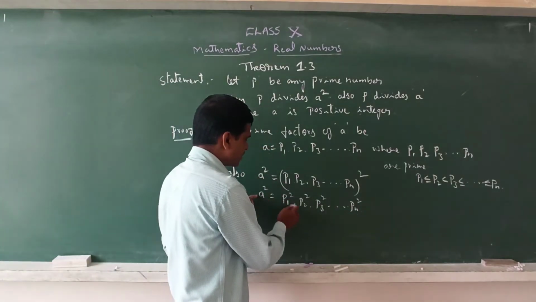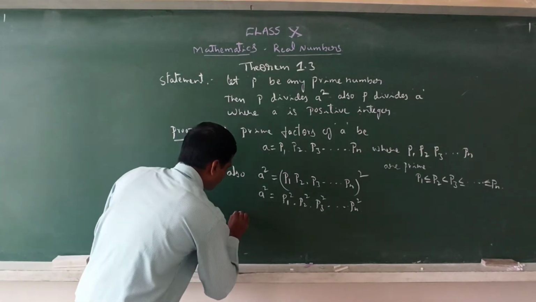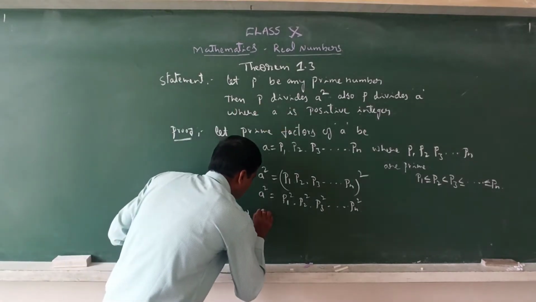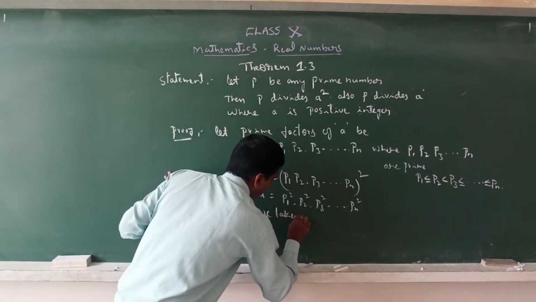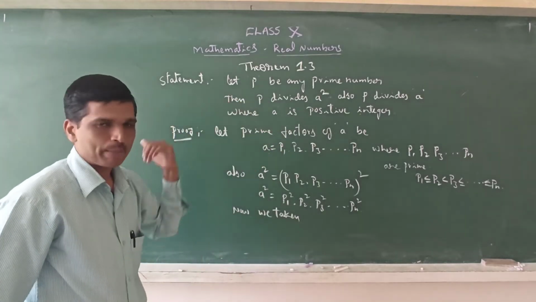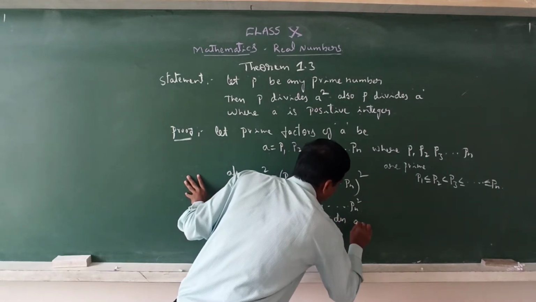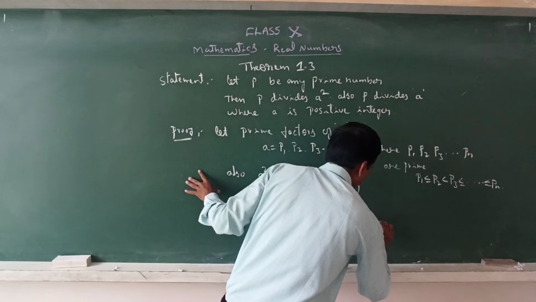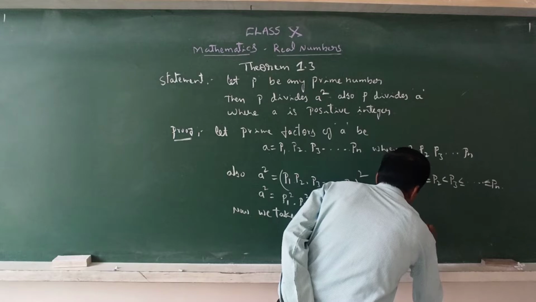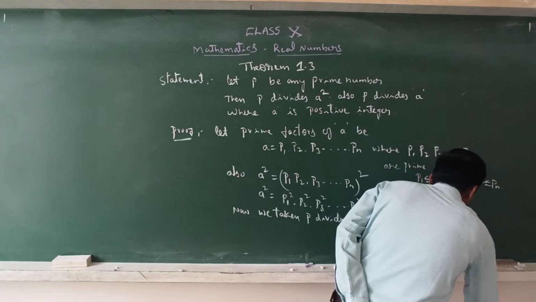It means a square is nothing but the squares of the factors. We have already taken that P divides a square, which means a square is divided by P. Therefore P divides a square.